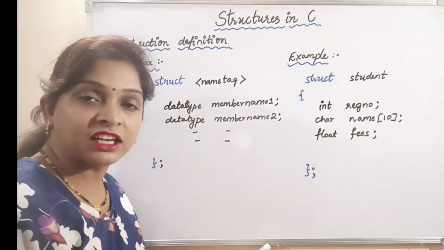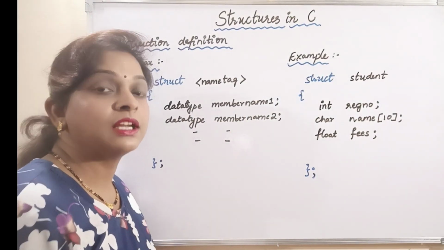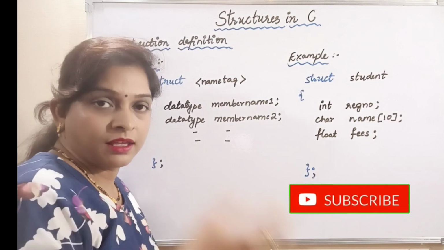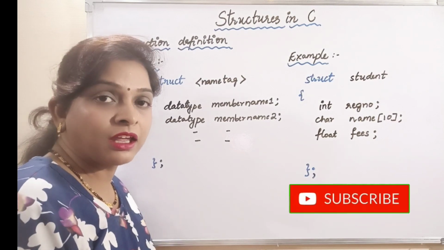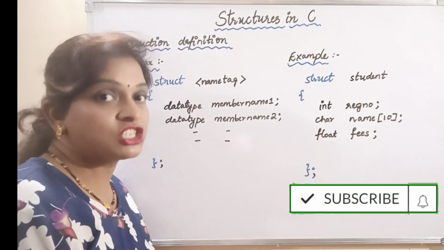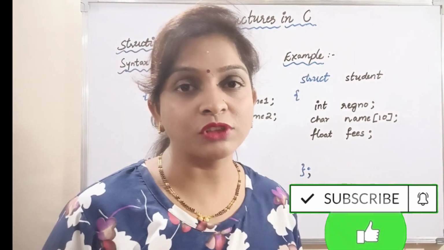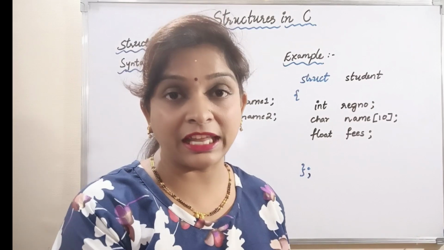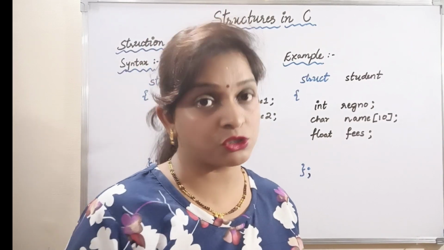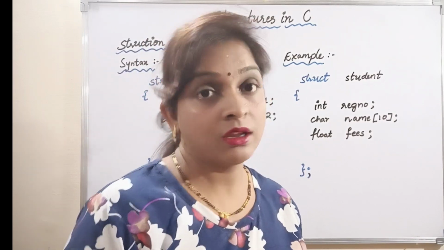So when I say the entity is having many members, defining the entity in the sense just explaining or just deriving its features. As in the sense, I need to tell the features of the student. I can say register number, name, class, section, fees and so on. Marks, total, everything.